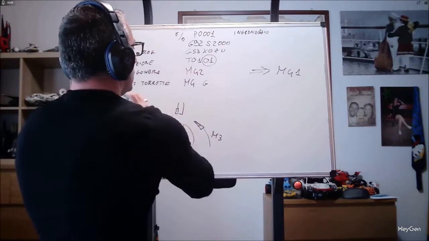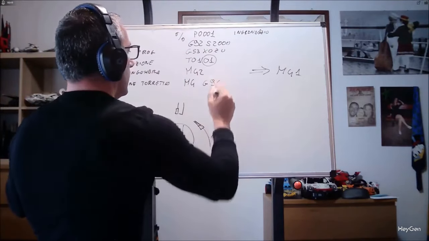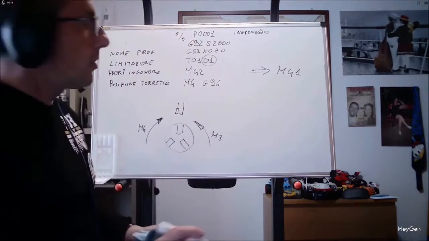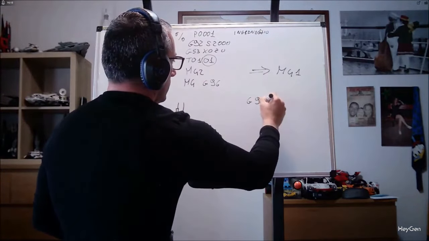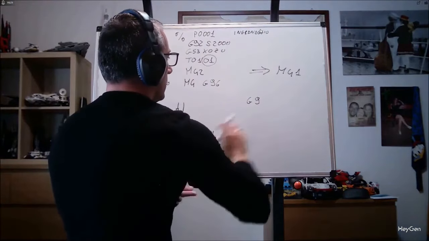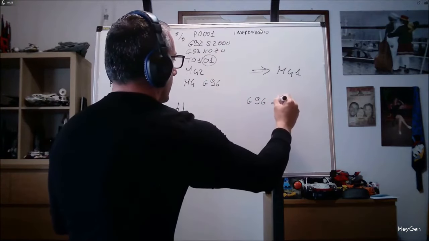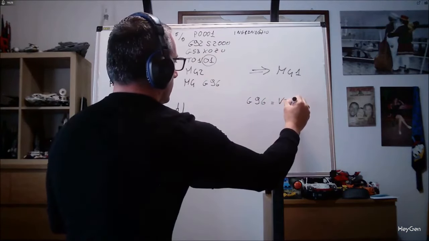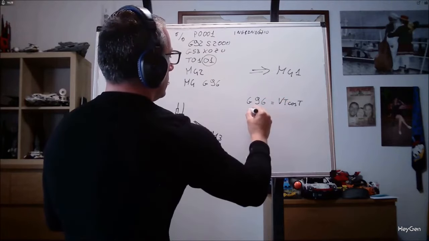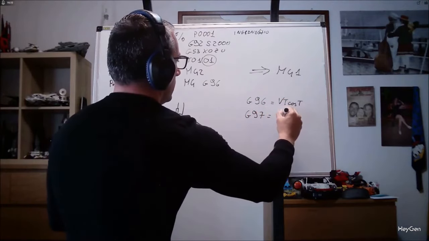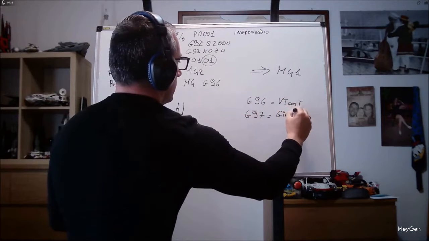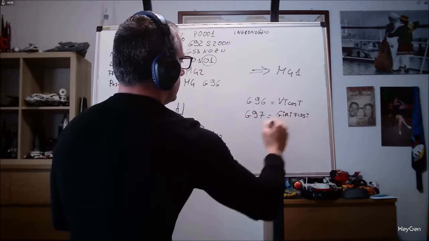So we write G96 here. But let's see what the others are. G96 is equivalent to constant cutting speed in CNC machining operations. G97 is equal to a fixed RPM.